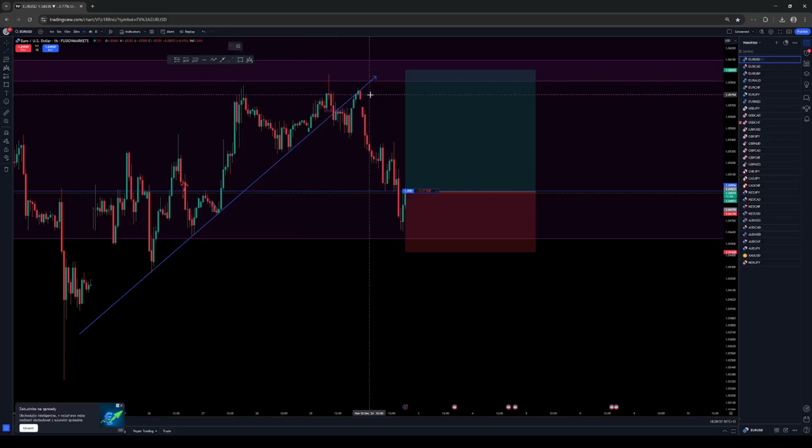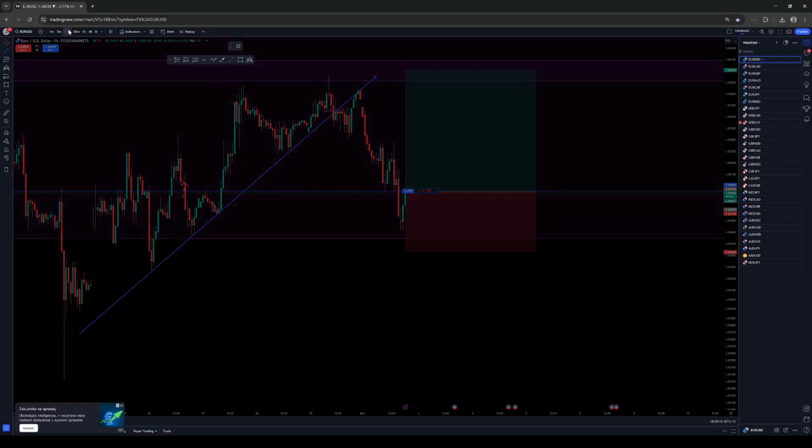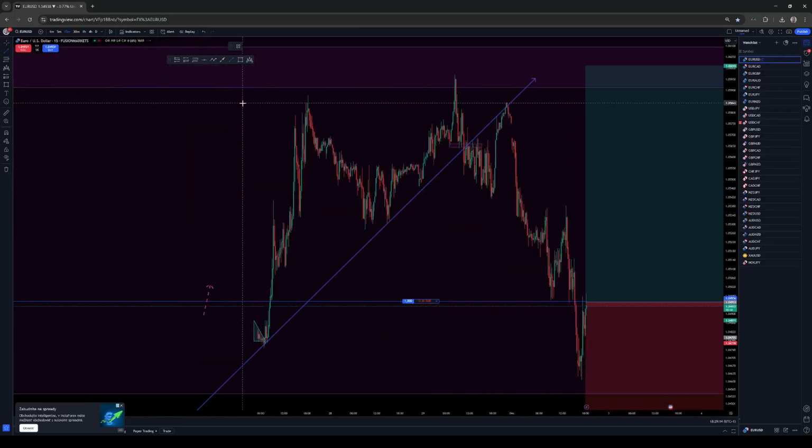In the super scenario, we should wait for some sort of breakout of this downtrend currently. So if we go to the 50-minute chart, what will we see?